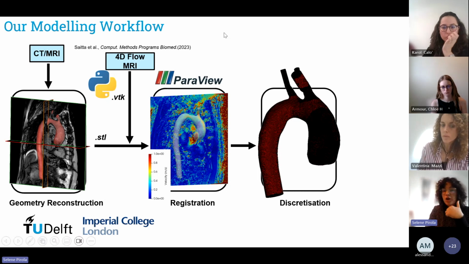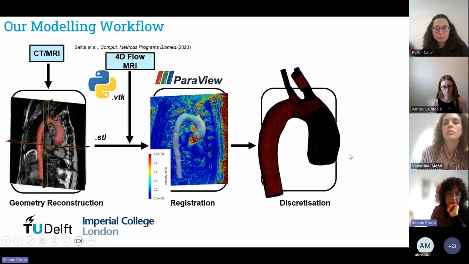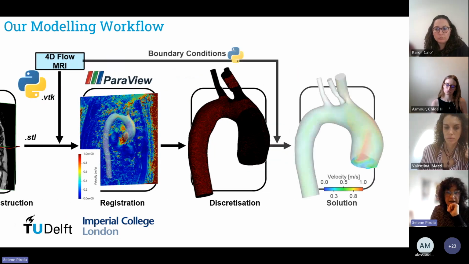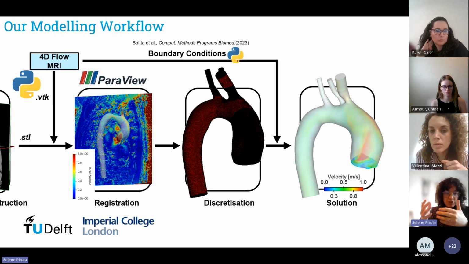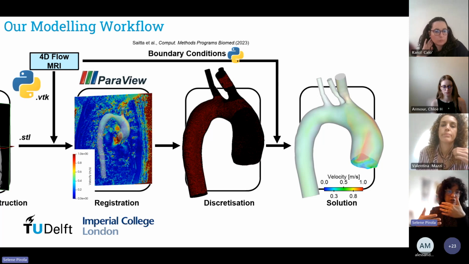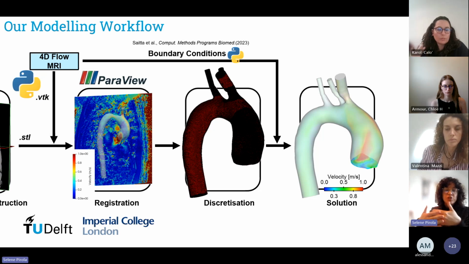Once we have the registered geometry, we proceed with the meshing, the discretization of the fluid volume, and set up our fluid solution. At this point we take advantage of the co-registration between the geometrical data and the 4D flow MRI data to extract the patient-specific boundary conditions that we then use in our model.